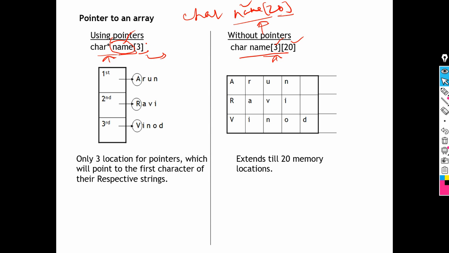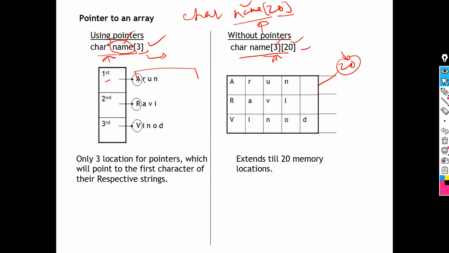The advantage of using the pointer in this case is what happens here. With the array, three arrays are going to be created, each of 20 character length, whether you use it or not, and that memory stays associated with you once declared. But with pointers, it just creates a table or an array of three pointers, and each will hold the address of a string.